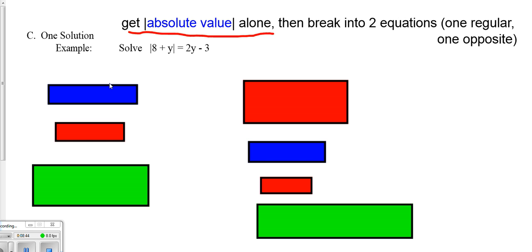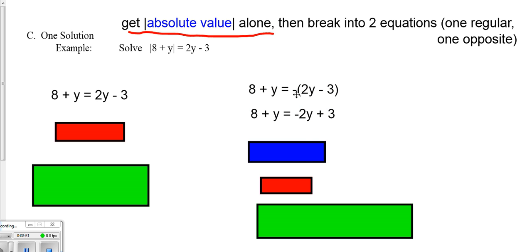Now we'll break it into two different equations, one where everything was regular, one where it's opposite. Now I'm showing you here how the opposite piece works. It's this whole thing, the 2y minus 3, that is opposite, or it's negative. So I put a negative on the outside. Remember, that's kind of like saying negative 1 times each of these pieces.